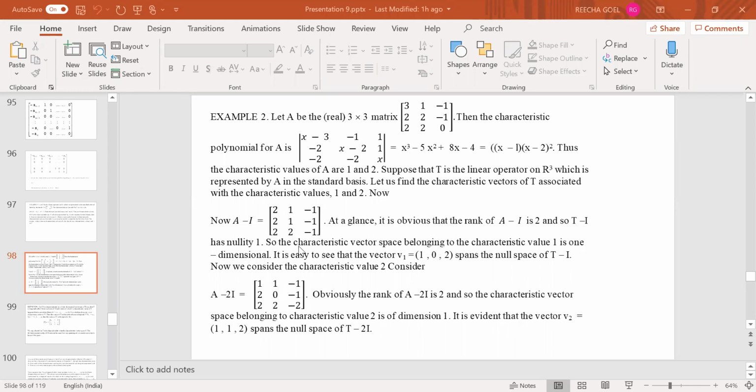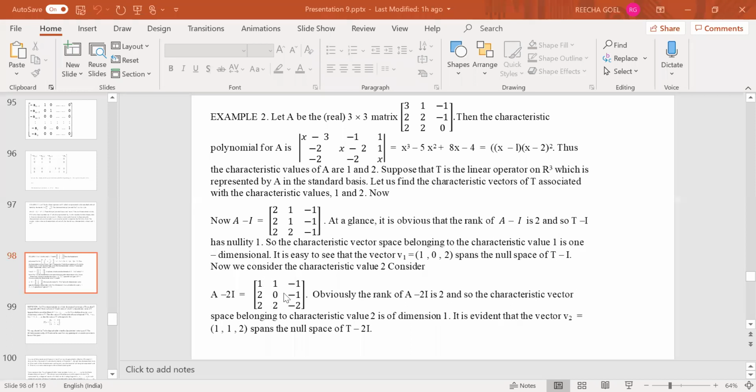Now let me consider the null space belonging to the eigenvalue 2, that is A minus 2I. Again, if I look at this, first of all, the determinant of A minus 2I is 0.